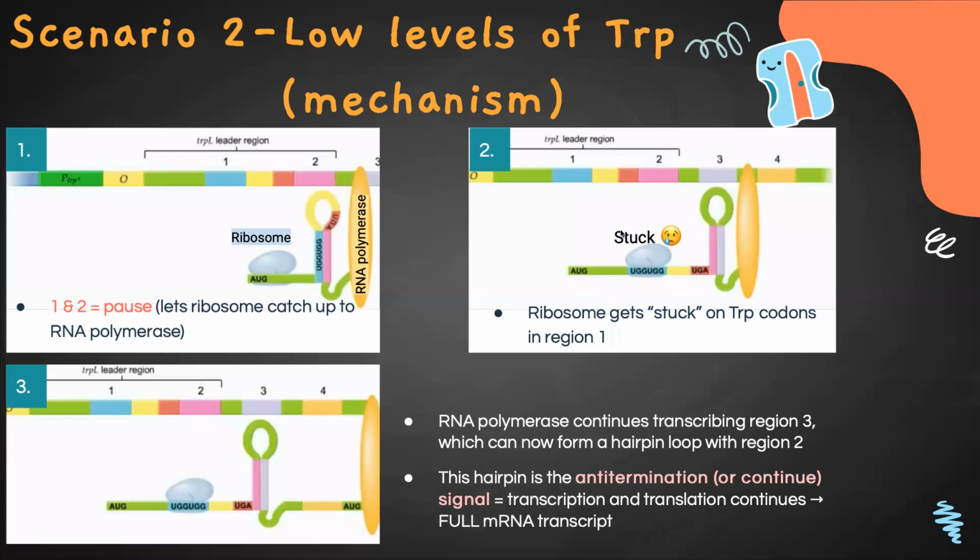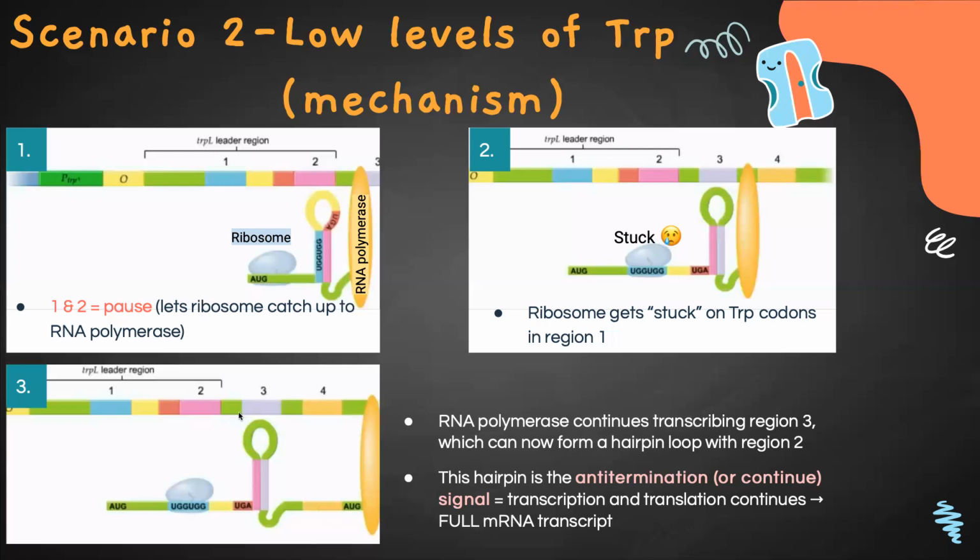So the important part for why it's paused there is that it's paused long enough for RNA polymerase to continue transcribing. So then that'll transcribe region 4. Because 2 and 3 were complementary and paired together, even though RNA polymerase has now transcribed region 4, attenuation will not occur, because the only way attenuation can occur is if 3 and 4 are together, but 3 is preoccupied with 2.